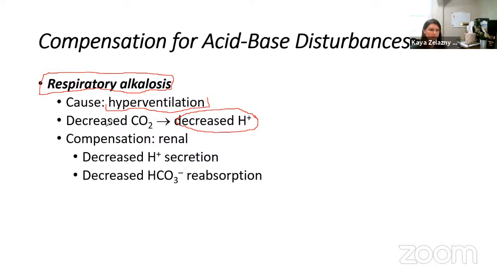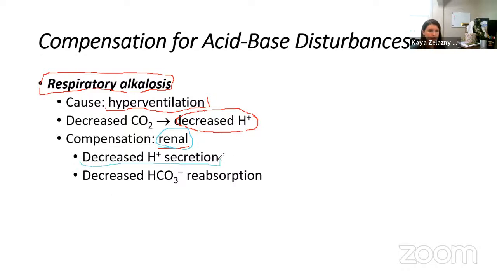The same thing, if this is a respiratory problem, our compensation is going to be renal. But now we're going to do the reverse thing, right? So we're not going to increase hydrogen ion secretion. We actually want to stop secreting and therefore excreting hydrogen ions. We want to keep them in the plasma. We want to maintain our pH. So we're going to stop peeing them out in order to try and draw that pH in the plasma back down, right?